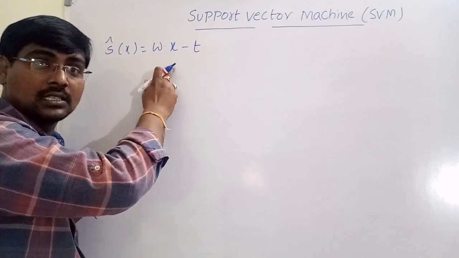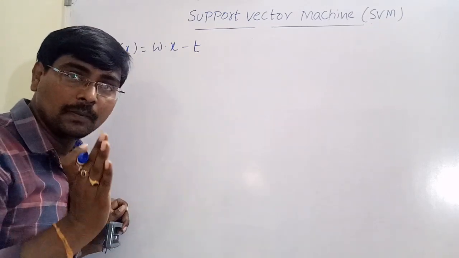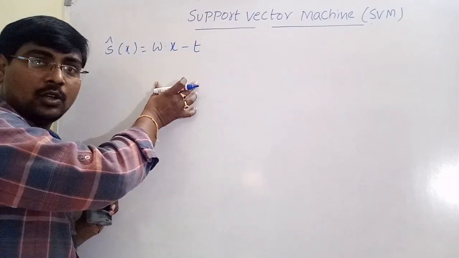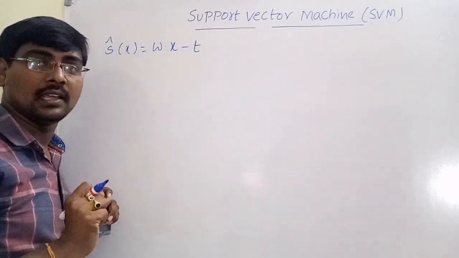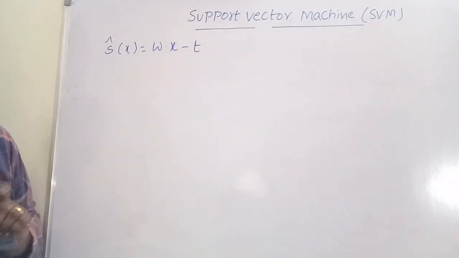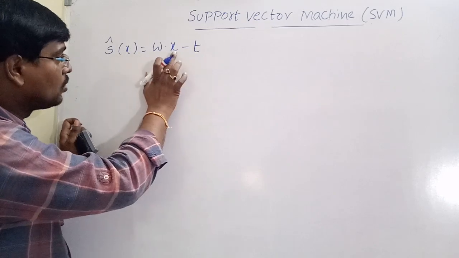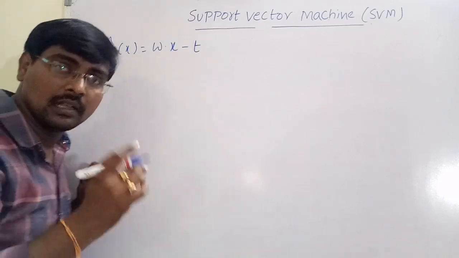We already discussed this in the perceptron. In perceptron, for a misclassified positive example, W into x is less than t. For a misclassified negative example, W into x is greater than t.